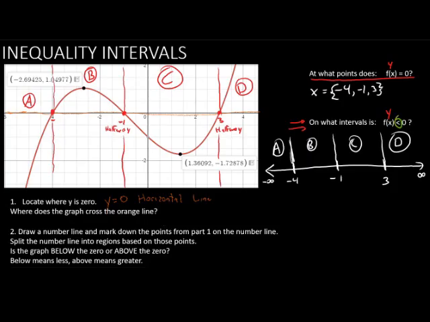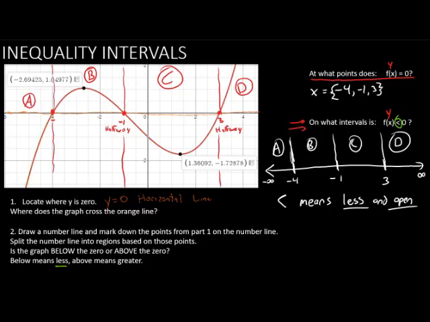So when you do these questions, always check your condition and make sure you're looking for the regions that are only less, if that's what the directions say. We'll also make note of the fact that this is strictly less, and that means that our circles are going to be open when we answer. So let's look at our picture and see which regions are below the 0, and that's going to tell us which regions are less.